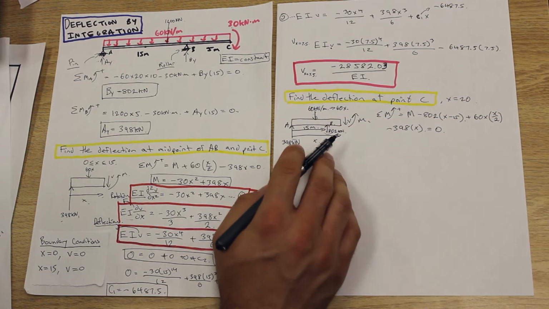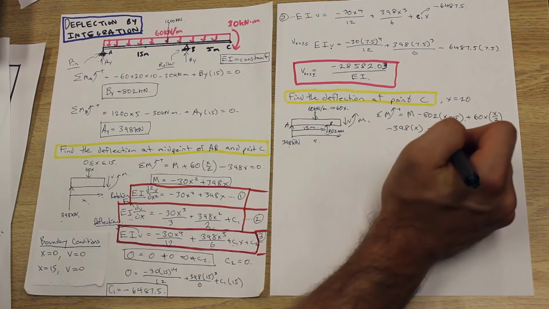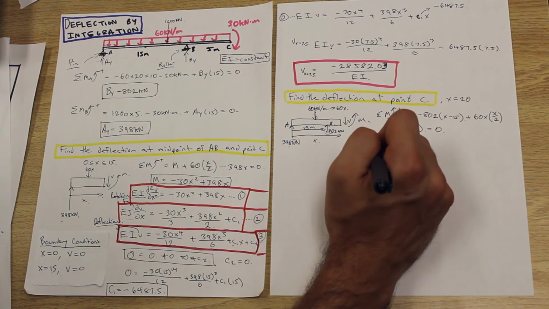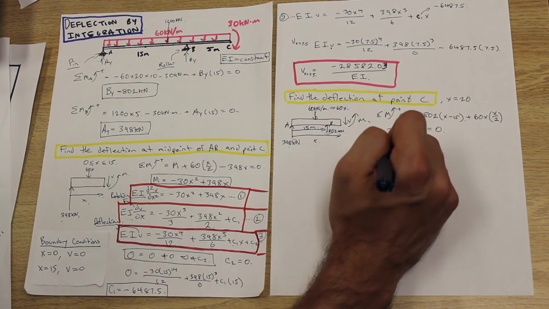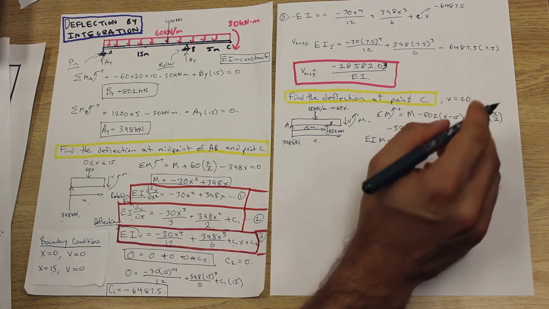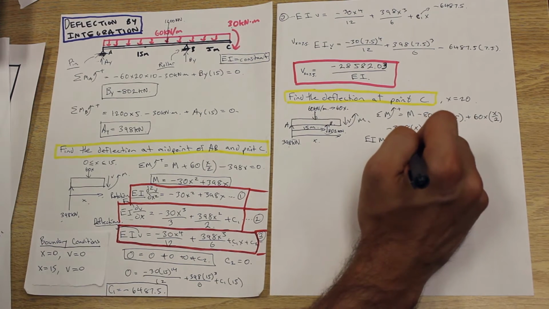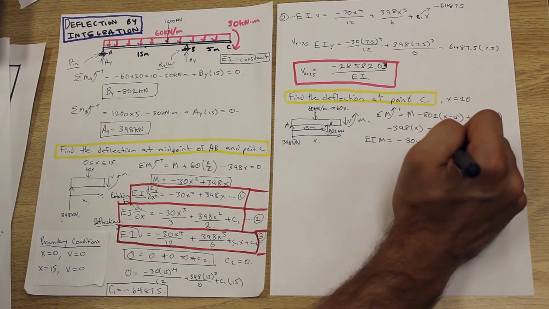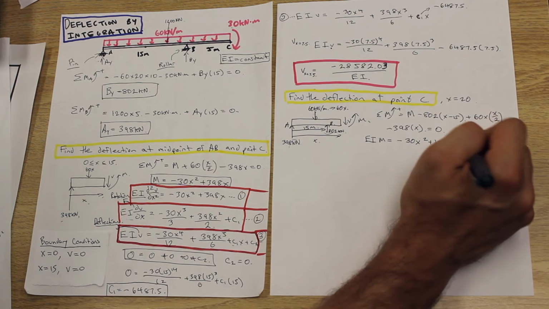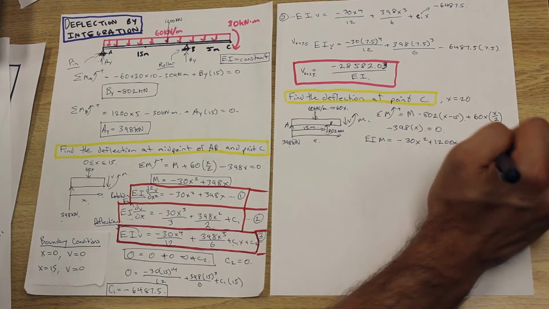Now if we go ahead and simplify that, when I say that, it means just solving for this, and that is all equal to 0. So solving for M, we're going to end up with EI M equals, all right, there we go.